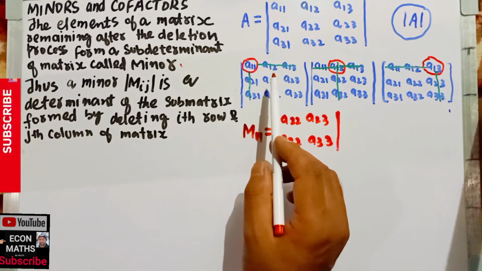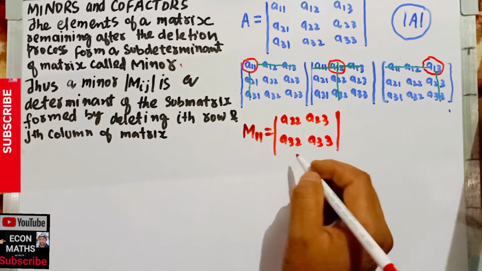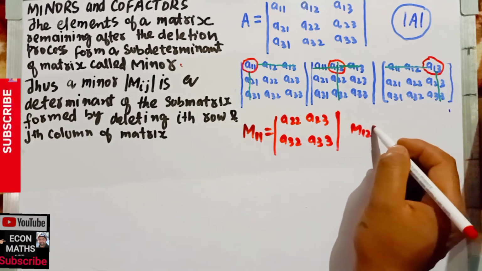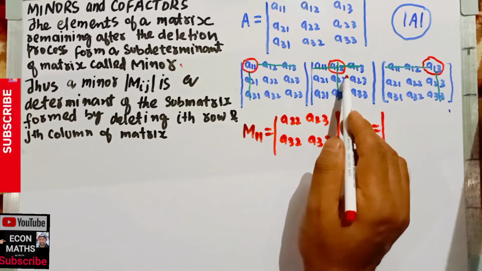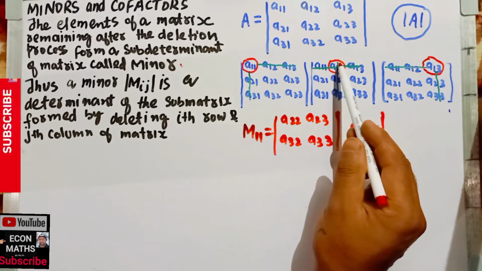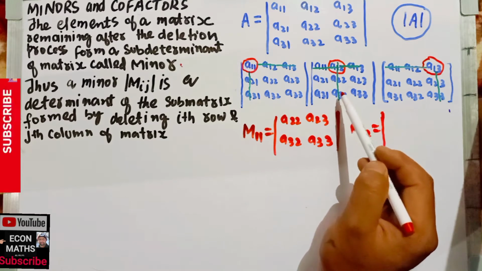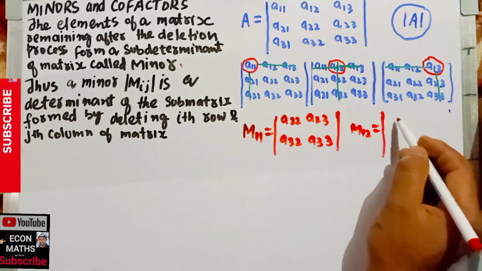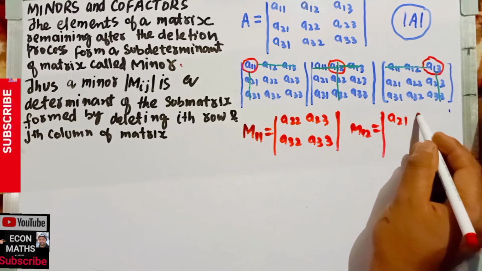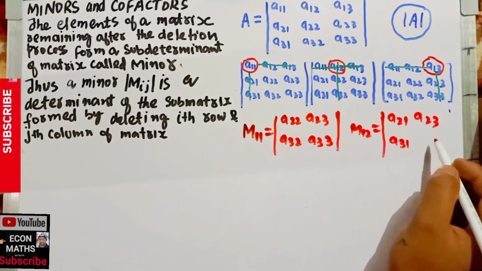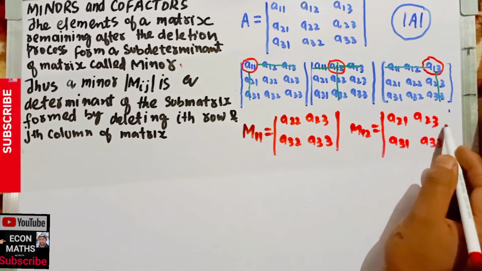Similarly, the second minor is M12. Here we will delete the first row and second column, and the elements are then A21, A23, A31, and A33.